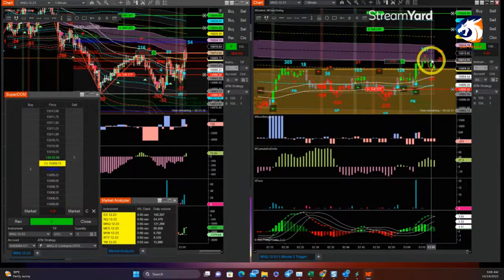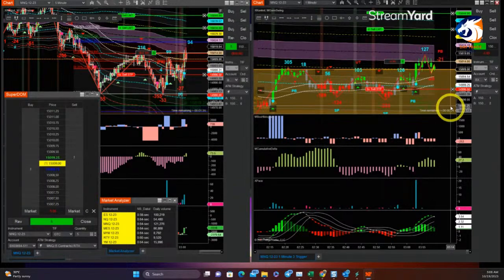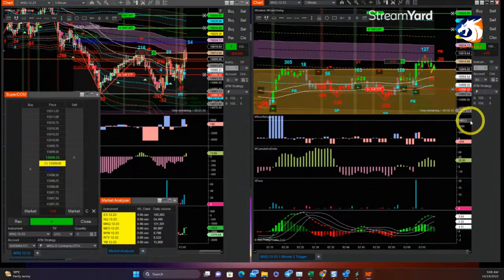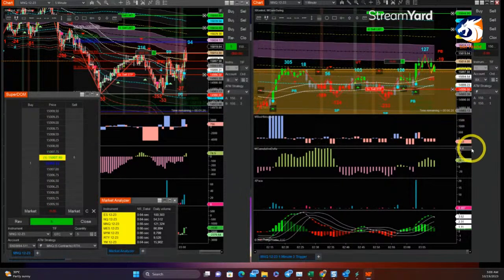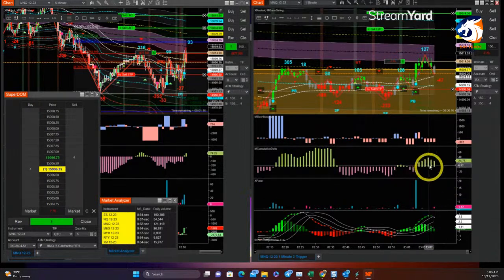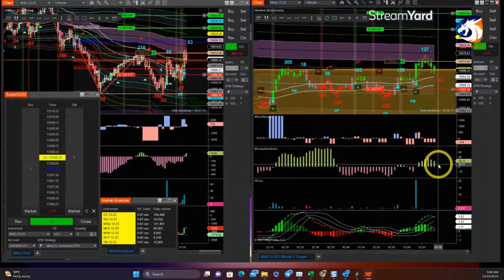Again, it's using this deviation or VWAP as strong resistance. So you want to see if it's going to bust out or not. Really not enough momentum. You saw that. So it's really just dying. You can see here, it's decreasing now.